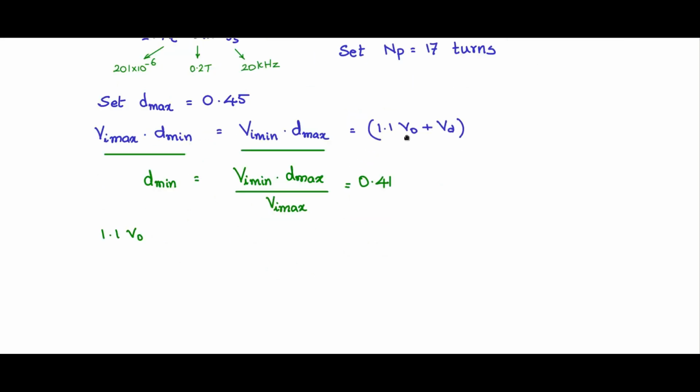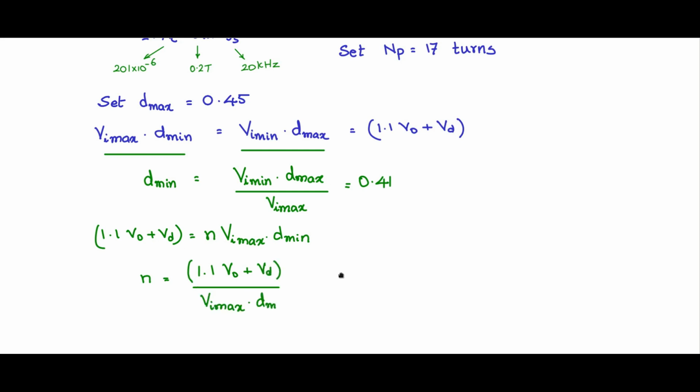Now this 1.1 V0 plus Vd should be equal to our forward converter input output relationship N into Vi max into Dmin, and here N is the only unknown. We have N equal to 1.1 V0 plus Vd divided by Vi max and Dmin.